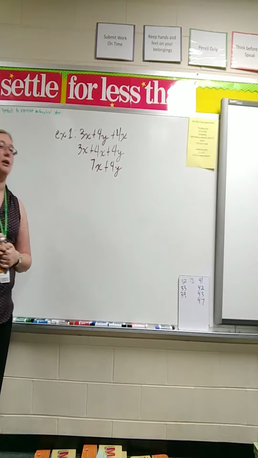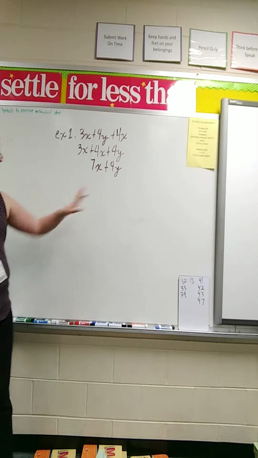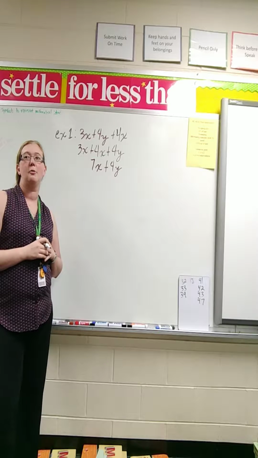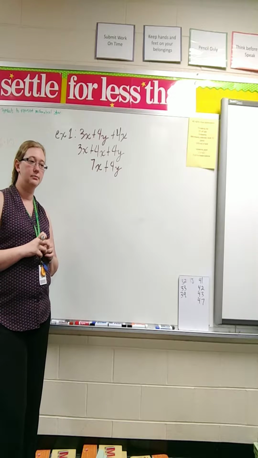Can I combine 7x and 4y? No. They are two different things. I would not combine a zebra and a yak. I can't combine them. So this is as far as I go. That's my solution. Questions so far?